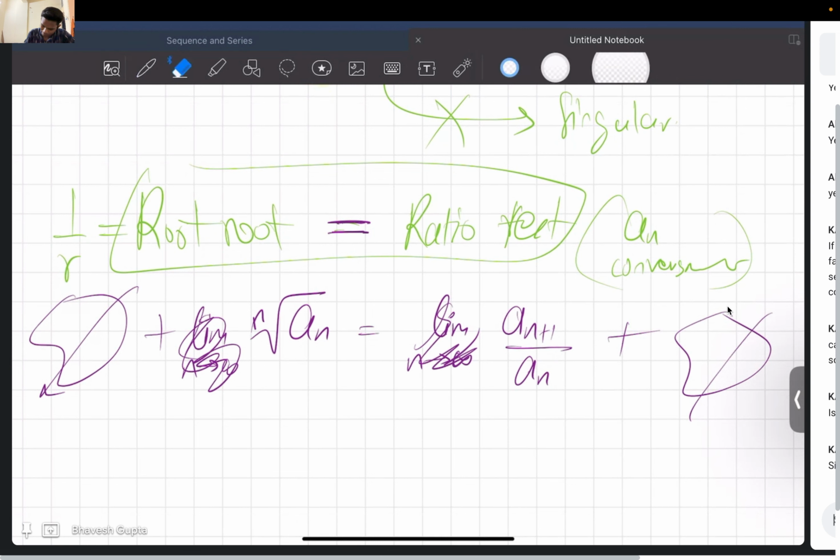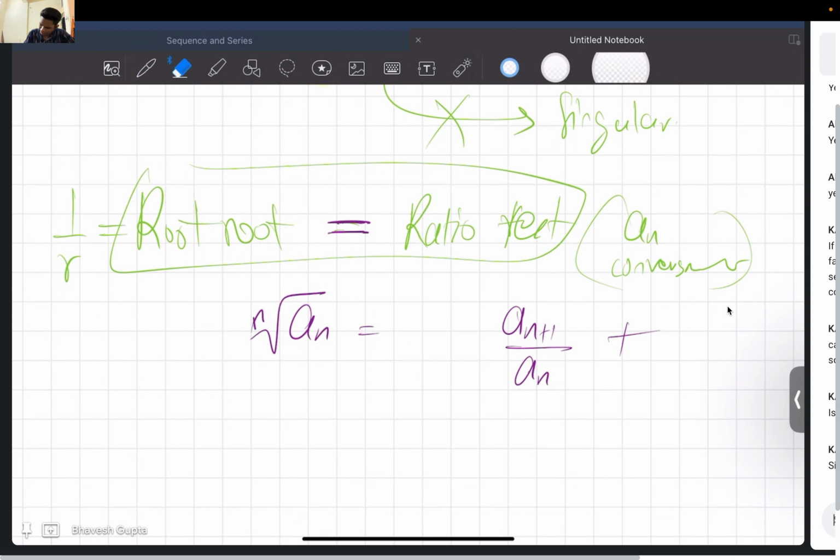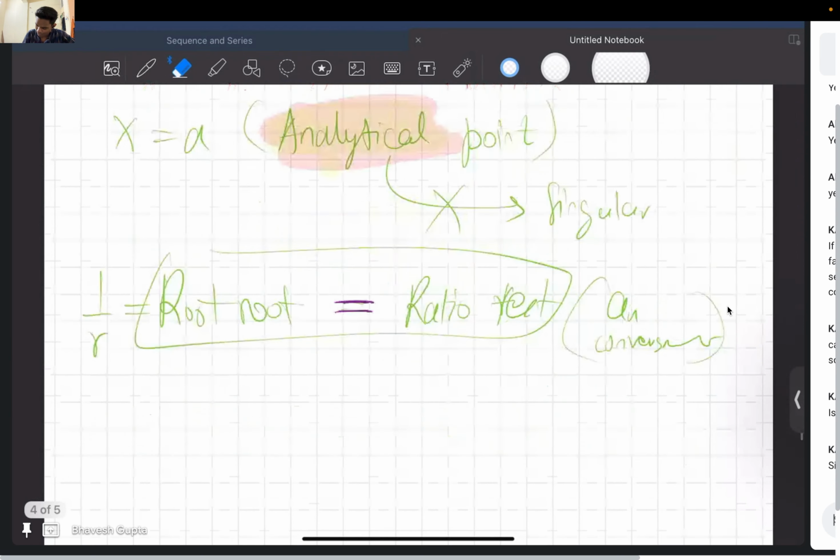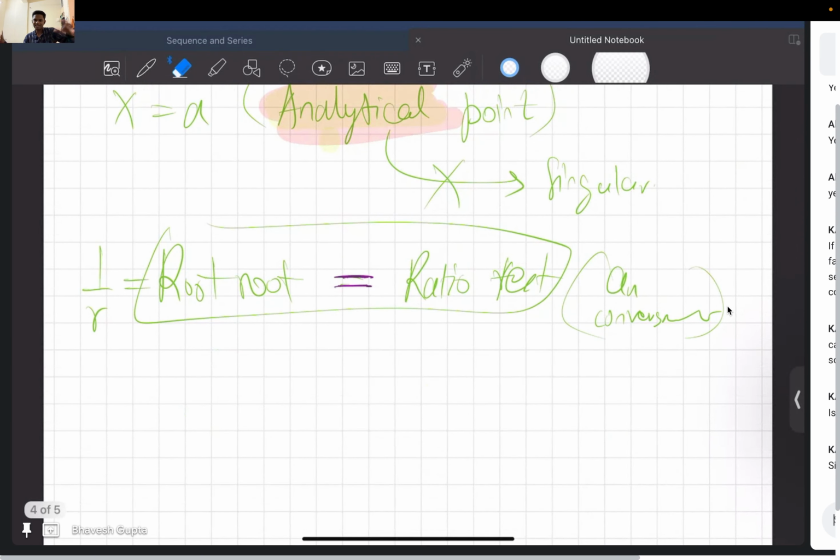But the definition of root test and ratio test comes when you take the limit, right, and the moment we take the limit, they are equal. So I better correct myself. Yeah, they are equal. But the condition applies that the sequence is convergent, then only they are equal. Otherwise not, because we have this extra term which doesn't cancel out to zero. Each of them will give you some different answer.